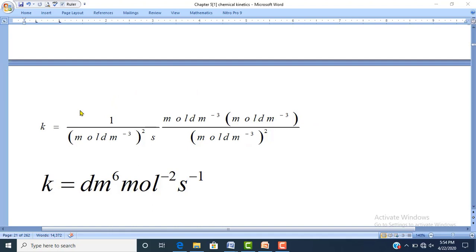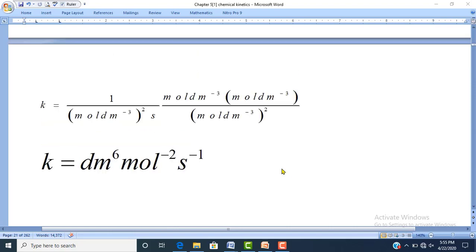So when we simplify these units, ultimately we get the unit for the rate constant k as decimeter cube raised to power 6 per mole square per second.